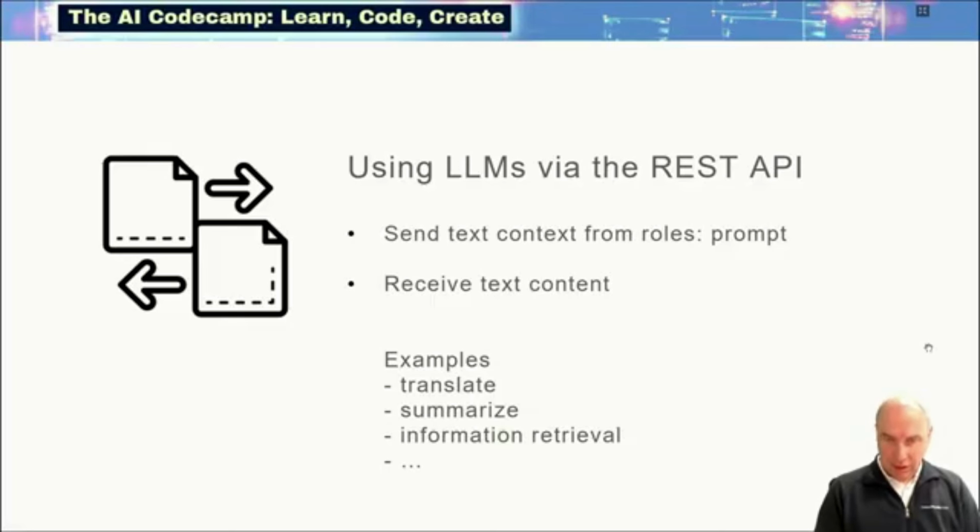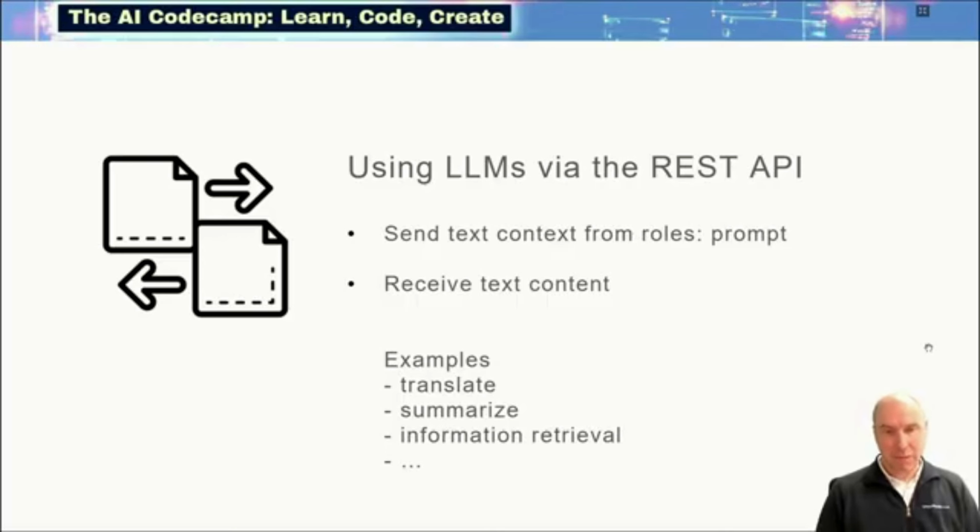Basic functionality of accessing cloud LLMs via the REST API comes down to sending text, sending the context of your questions or of your tasks from different roles. In a nutshell, this is often referred to as the prompt.